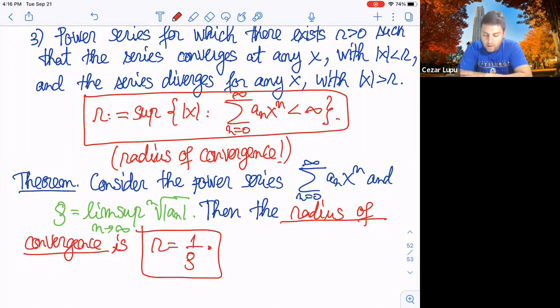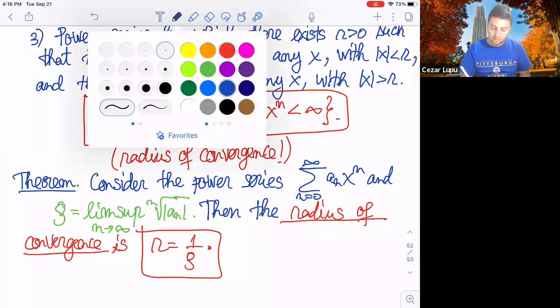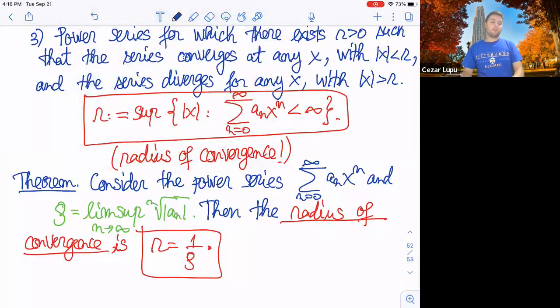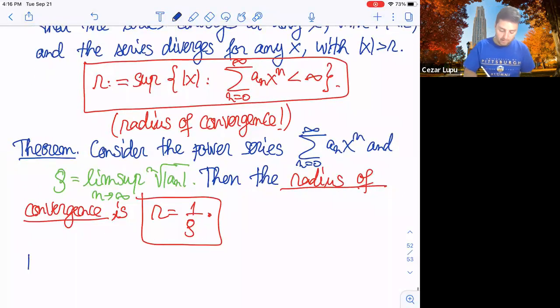Either way. And now we would like to see under what conditions we can integrate term by term. Well, just like in the case of series of functions, the same thing happens. Integration term by term.